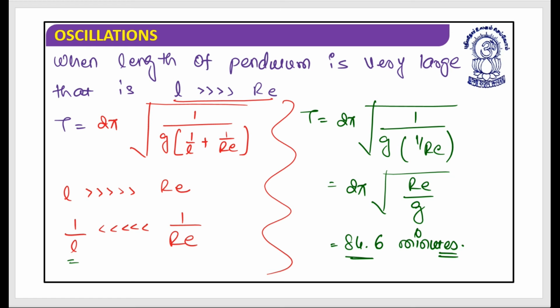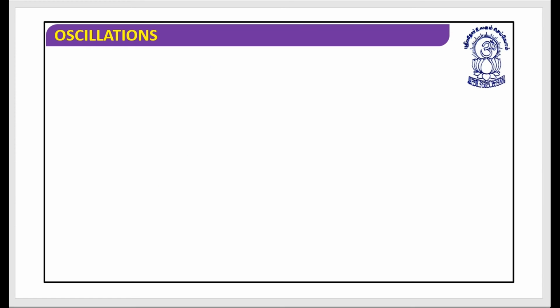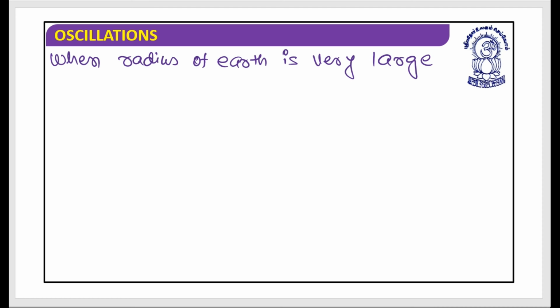Great. Let's discuss the second case, when the radius of the earth is very large, that means R is much greater than l. Then 1 by R is much less than 1 by l.